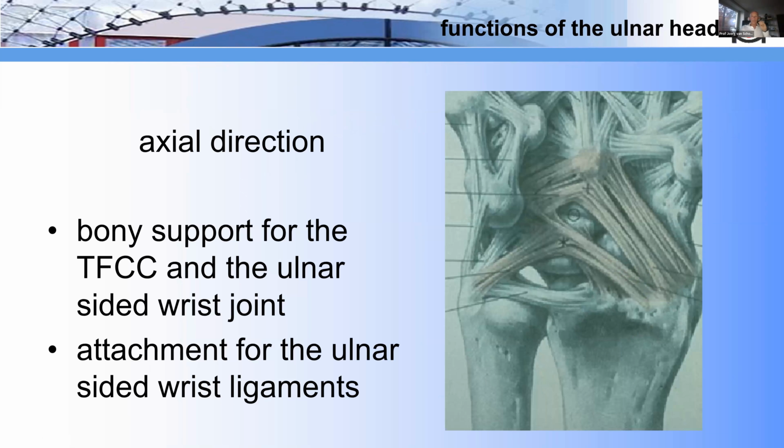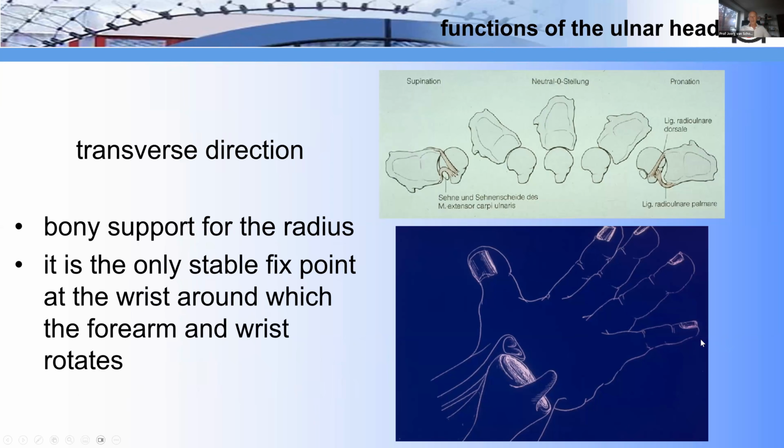So why do we have that problem? Because we sacrifice the ulnar head, and the ulnar head has some anatomical function. In the axial direction, it is a bony support for the TFCC and the ulnar-sided wrist joint, and it is the attachment for the ulnar-sided wrist ligaments.